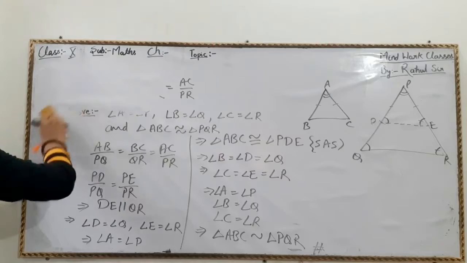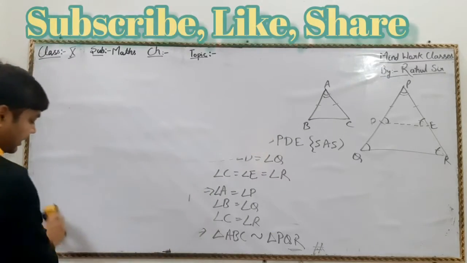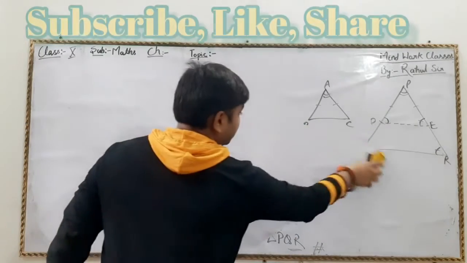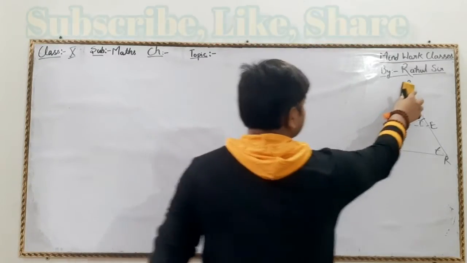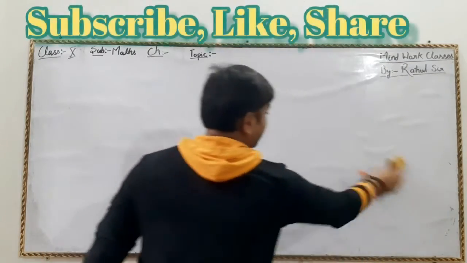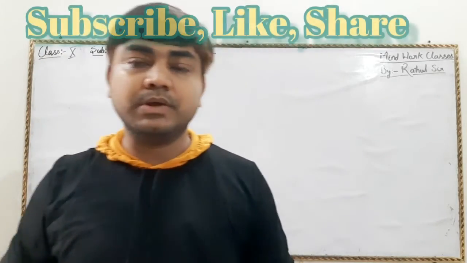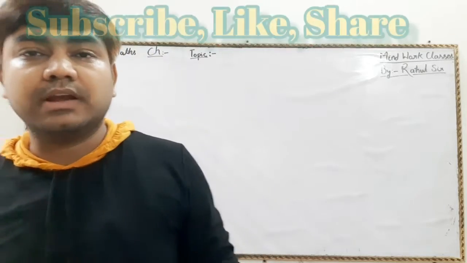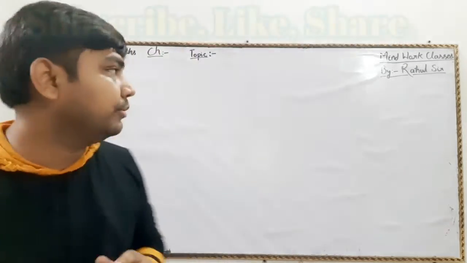In this theorem, we have to prove that if in any two given triangles the ratio of two sides is equal, and the angle between these two sides is also equal, then these two triangles must be similar triangles. This is what we have to prove.